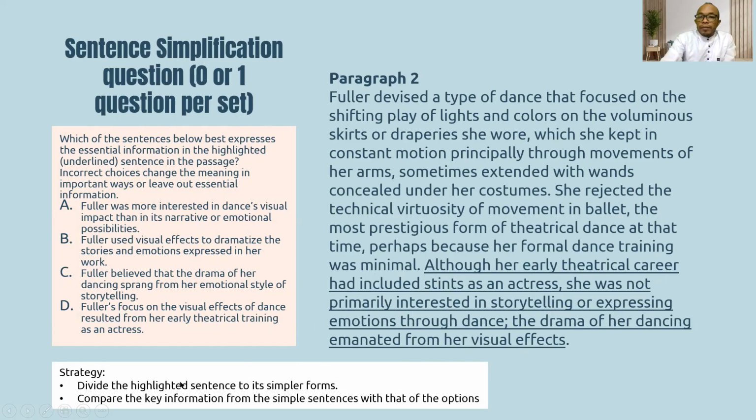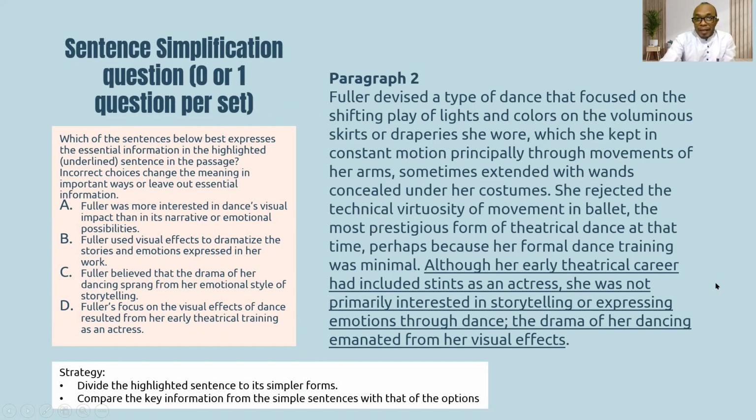So the strategy for this, don't forget, is to break the highlighted sentence down into its simpler forms. Once they have been simplified, you will be able to compare them more easily and simply with the options. Okay, now go ahead and try to answer the question by applying the strategies.